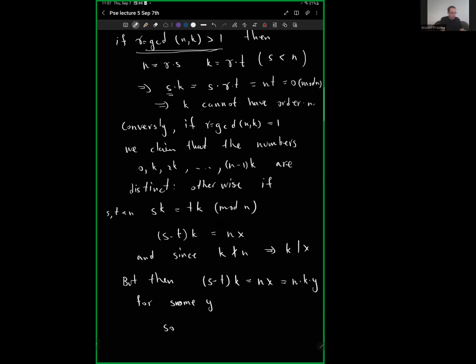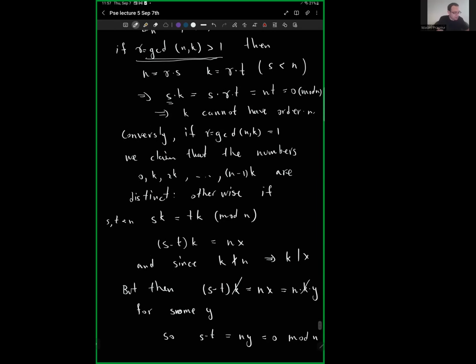And now I can cancel out the k. s minus t is equal to, sorry, is equal to ny, which is equal to 0 modulo n. So this shows you that the set here in the blue box is a set of n distinct elements.